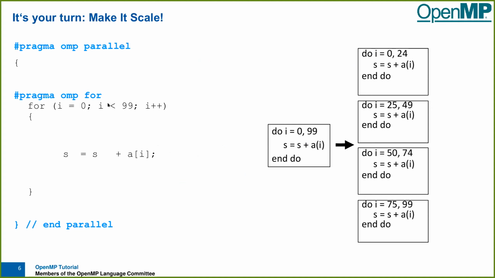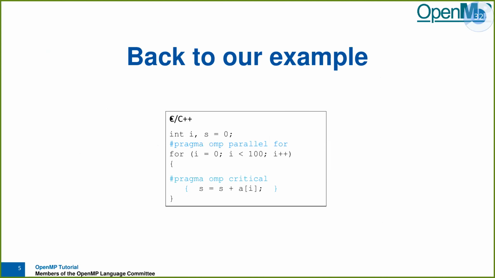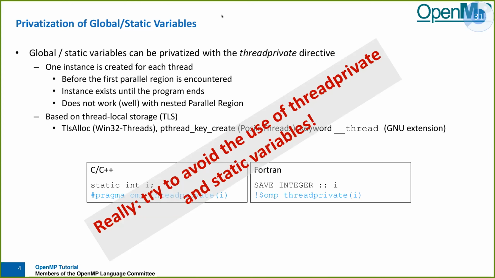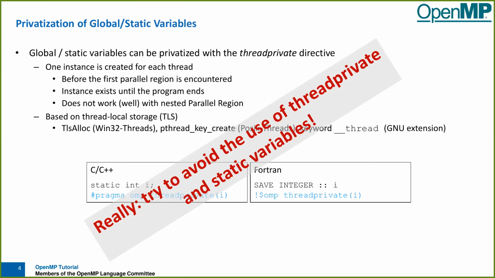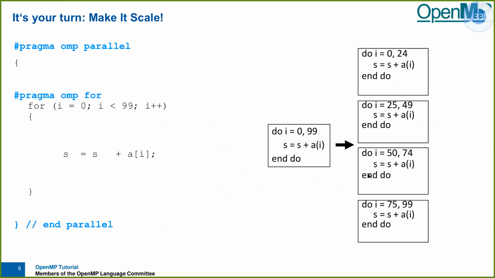What we, at the end of the day, have to do is to transform this variable s. S has to be transformed from being a shared variable to a private variable. That means each thread is working on its own variable s.